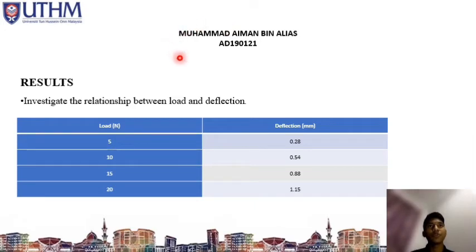Assalamualaikum, my name is Muhammad Aiman bin Alias, metric number AD190121. And now I want to present to you the result of the experiment. The first table is between load and deflection, with load in Newton and deflection in millimeter. This is the data for experiment 1.